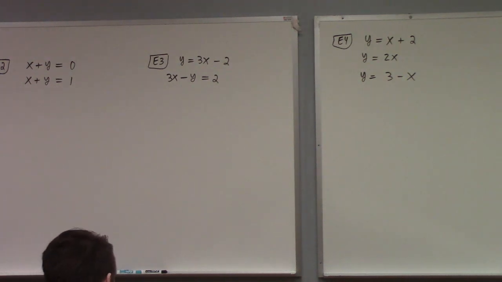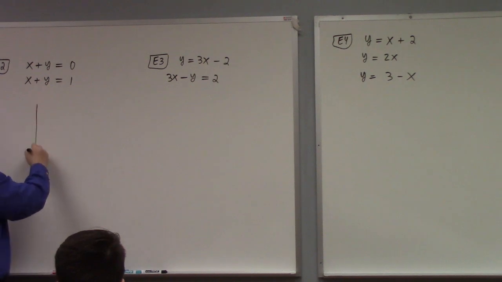All right? And we can't always do this, but for these, since we just have two variables, we can take a graphical approach, right? You guys know how to graph a line? Yeah? So let's see here. What's this first one look like? How about this one?